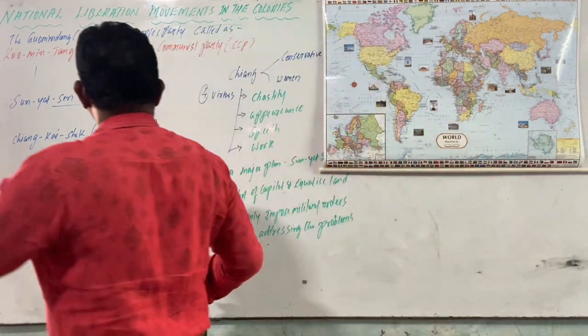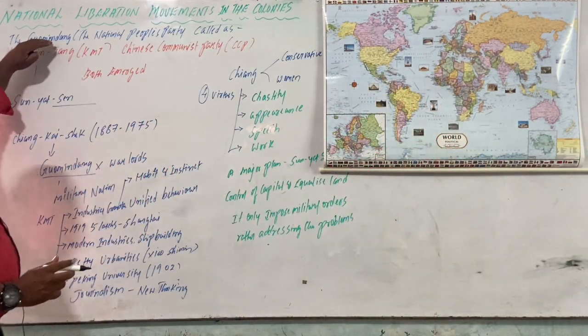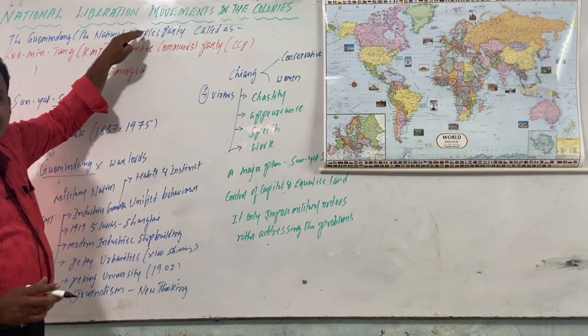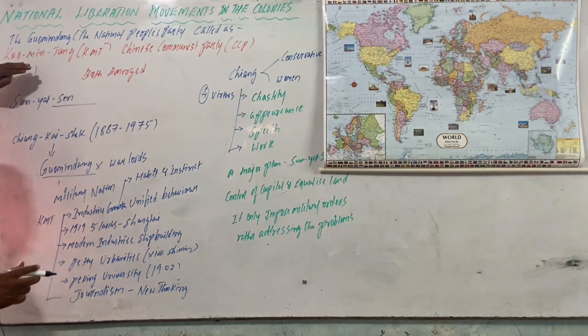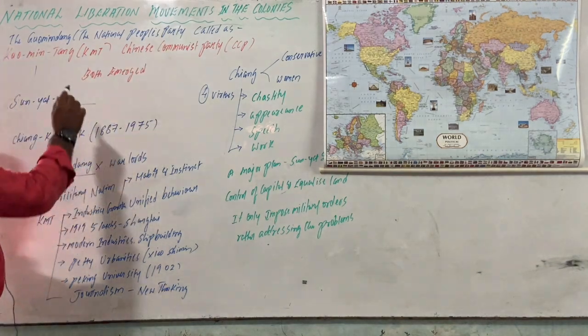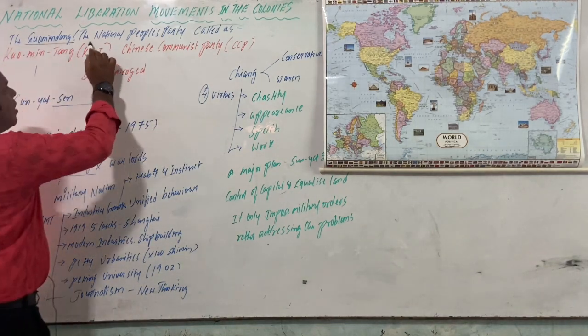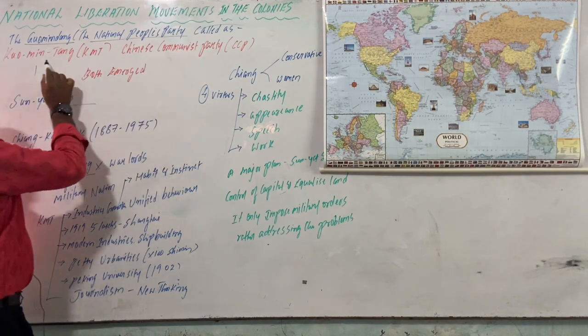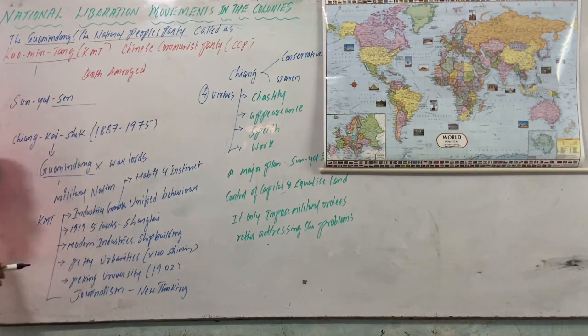What I want to make clear is that the Kuomintang is also known as the National People's Party. These are one and the same. You may call it Kuomintang, or you may call it the National People's Party.